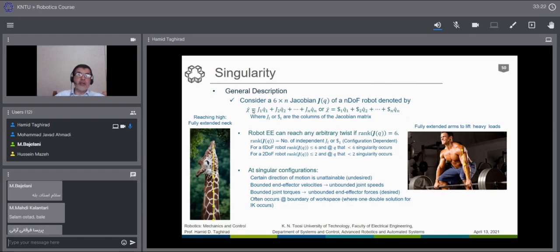This means we can move in any direction, with angular and linear velocity, in any orientation, by a limited value of q dot, if the rank of J is equal to 6, where the rank is the number of independent columns of this matrix.